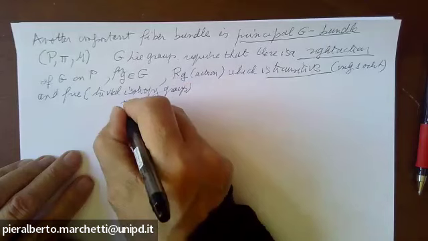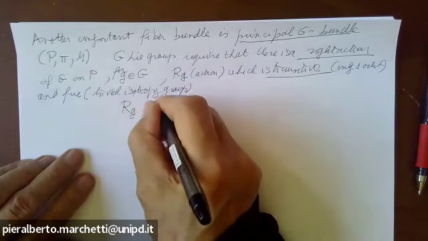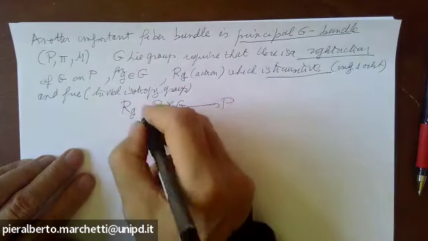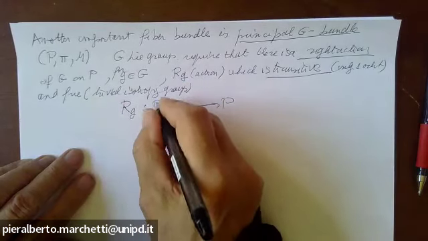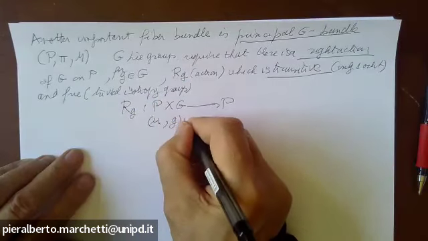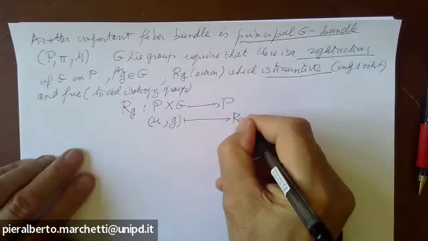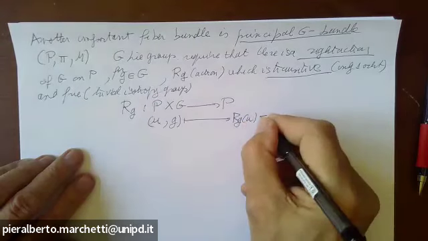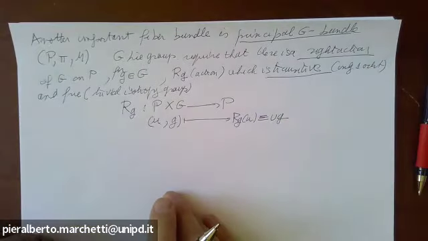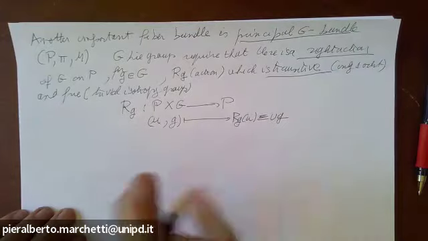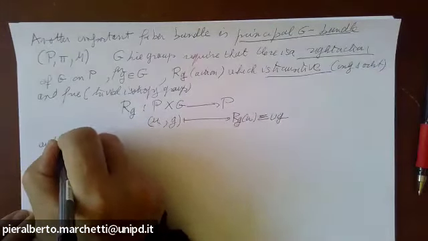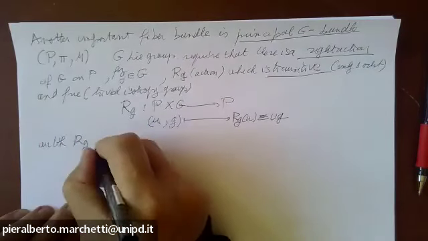So let me write it in formula. R_g is a map from P times G to P, which sends your point u, which belongs to P, and g into the action of g on u, and as we have done, usually you just write it simply as ug. And with an additional property, R_g respects the fibers.